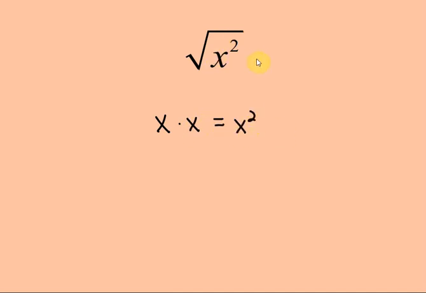Therefore, the square root of x squared is x. If we were dealing with another variable with an even exponent, say x to the 4th, the square root of x to the 4th would be x squared, because x squared times x squared is x to the 4th.